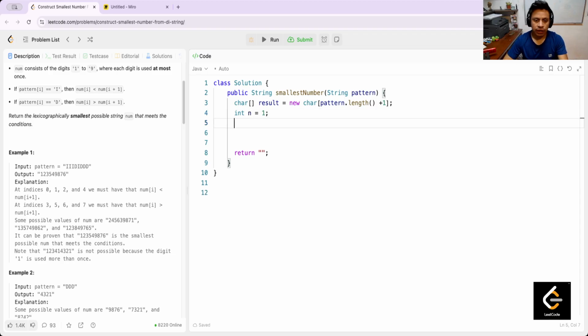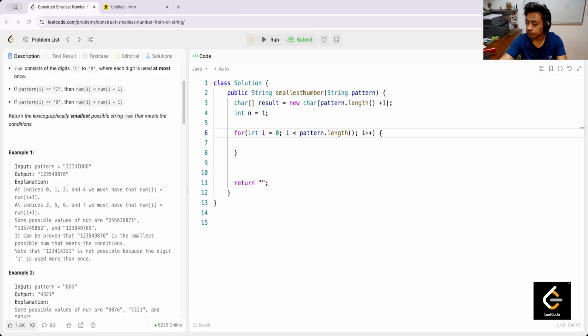Okay, in this case is 1 and it's equal 1. Now the next that is transversal, the parent pattern. Now integer I is 0, meanwhile I plus plus.